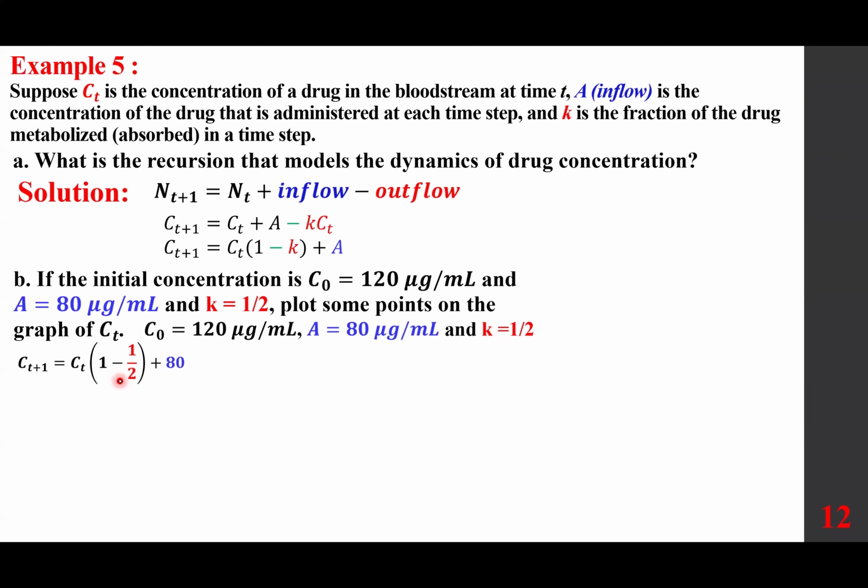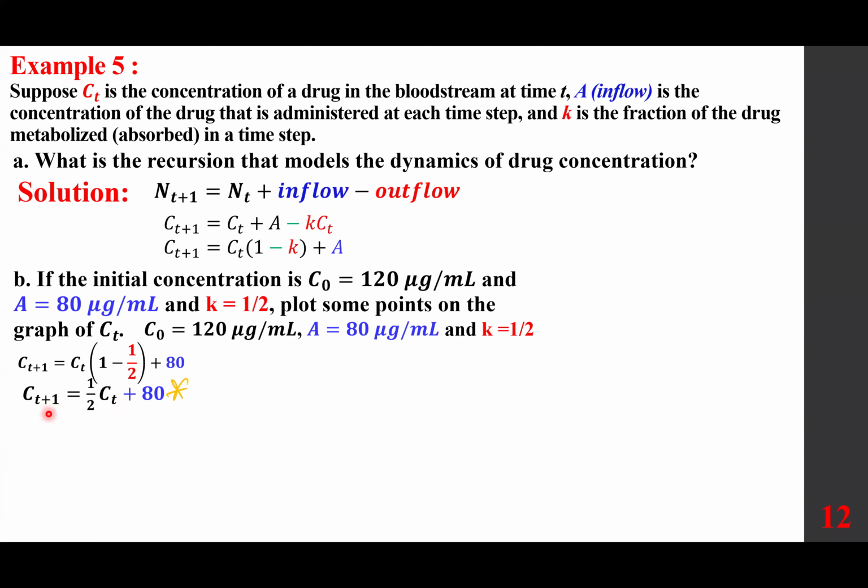So C sub T plus 1 is half of C sub T plus 80. By the way, C sub 0, initially there is no medication in the body of the patient. So the patient doesn't have anything. But in this case, C sub 0 is 120. So since we have C sub 0, the next one is C sub 1.